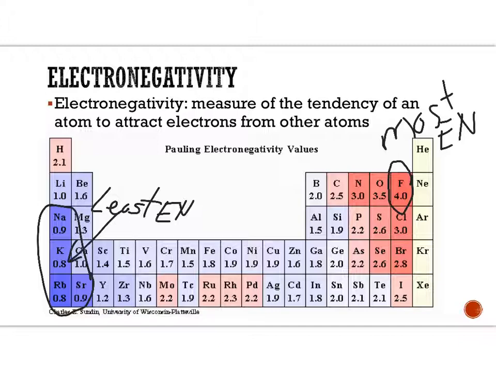They're going to give them away. So the overall trend on the periodic table is this: as you move from the lower left, you get least electronegative, and as you move across and up the periodic table, you get more electronegative. Now this electronegativity is important because it helps us determine lots of things about compounds.